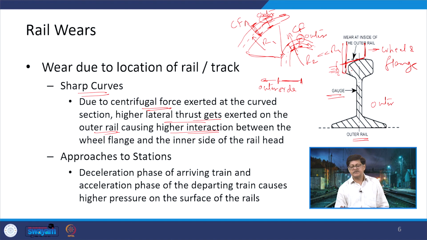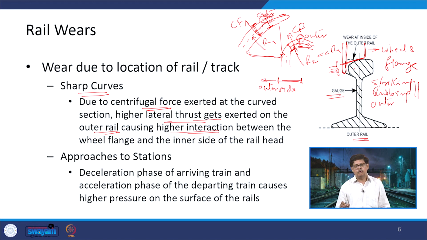Now, if this happens, that means it is not only just striking, but also there is a rubbing. So, these two actions will simultaneously start occurring at this particular location. And when that happens, this gauge face of the rail is going to deteriorate.